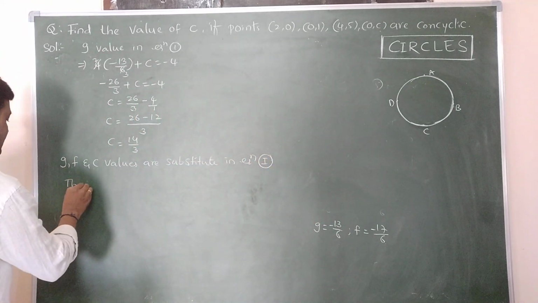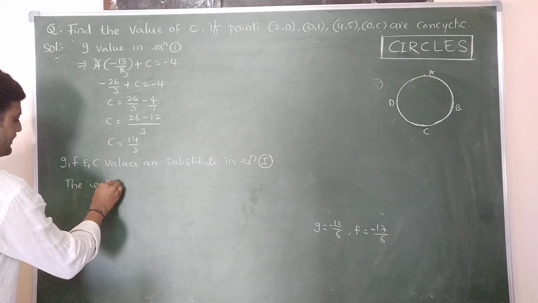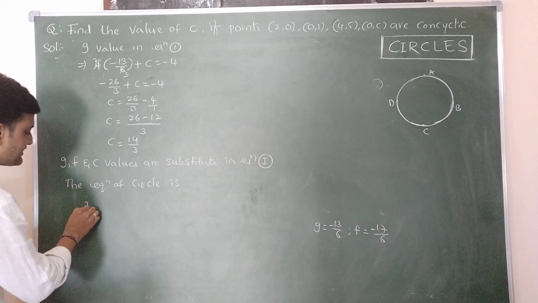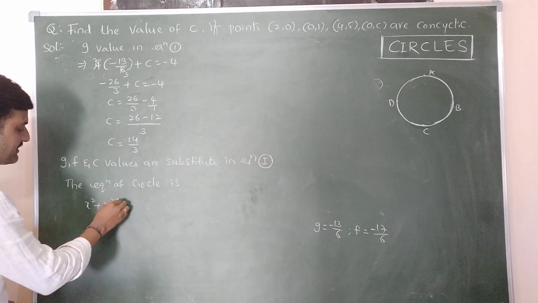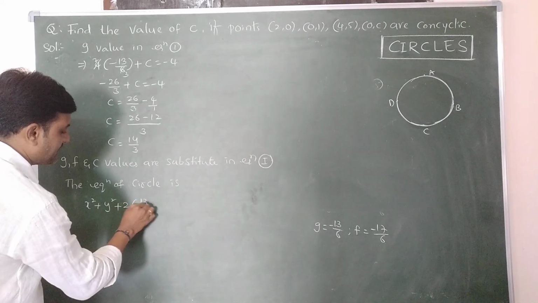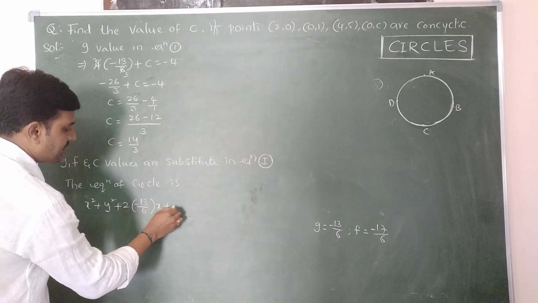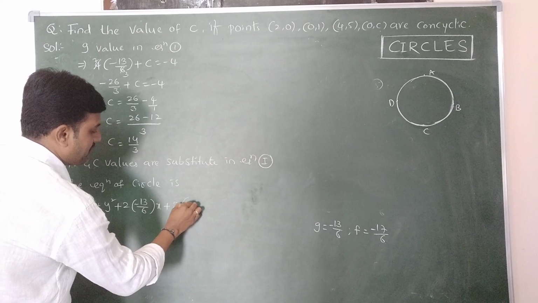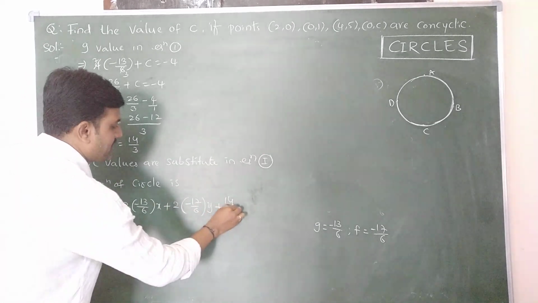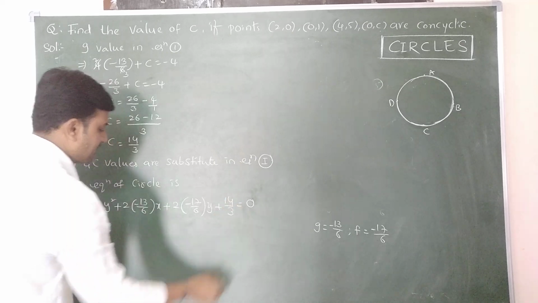Therefore the equation of circle is x square plus y square plus 2 into minus 13 by 6 x plus 2 into minus 17 by 6 y plus 14 by 3 equals to 0.